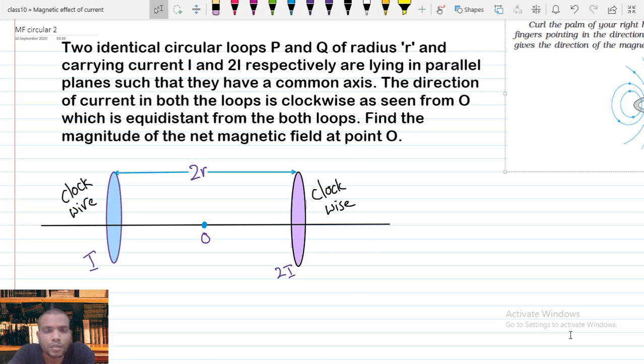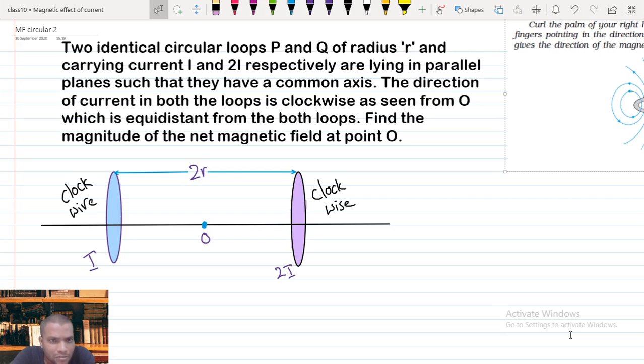Two identical circular loops P and Q of radius small r and carrying current I and 2I respectively are lying in parallel planes such that they have a common axis. The direction of current in both the loops is clockwise as seen from O, which is equidistant from both loops.